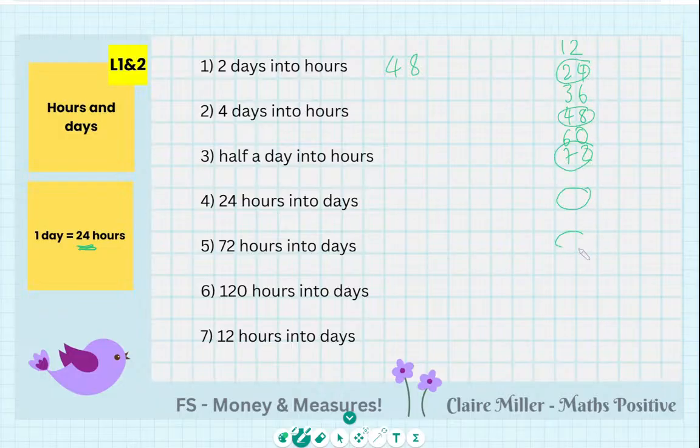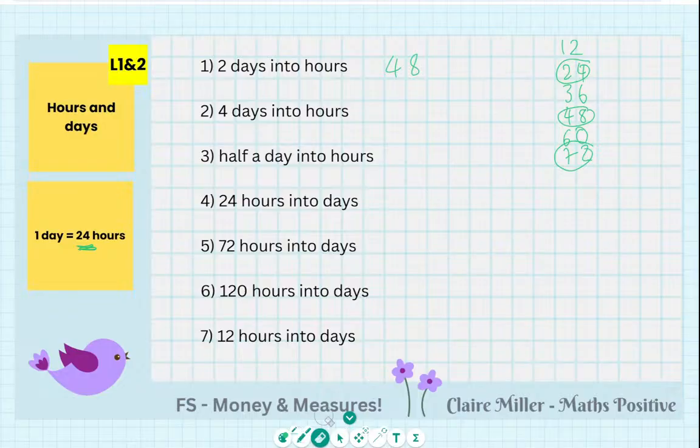It's every other answer to the 12s. And I think time is probably why we put so much focus on going up to our 12 times tables, because it can be quite handy for time.